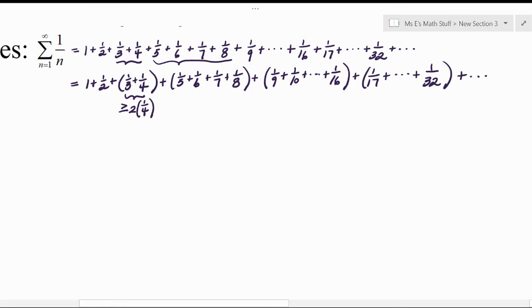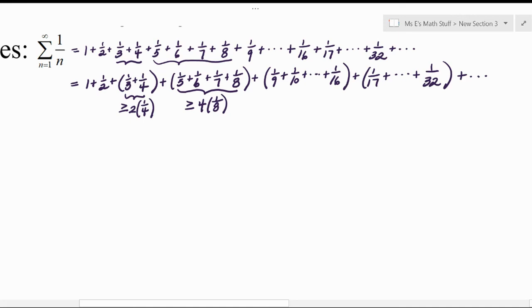And then notice in the next group, I grouped 4 terms. Each of those 4 terms, 1/5, 1/6, 1/7, and 1/8, is greater than or equal to 1/8. And I have 4 of them. So the sum would be greater than or equal to 4 times 1/8. And notice that that's also 1/2.